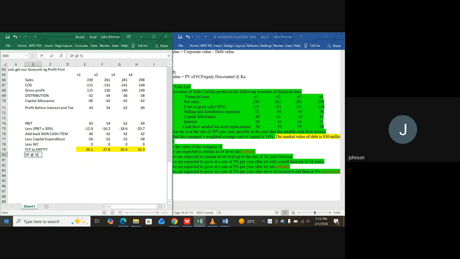We say equal to, open bracket, 1 divided by, another bracket, 1 plus R. Our R is 14%, 1 plus 14%.